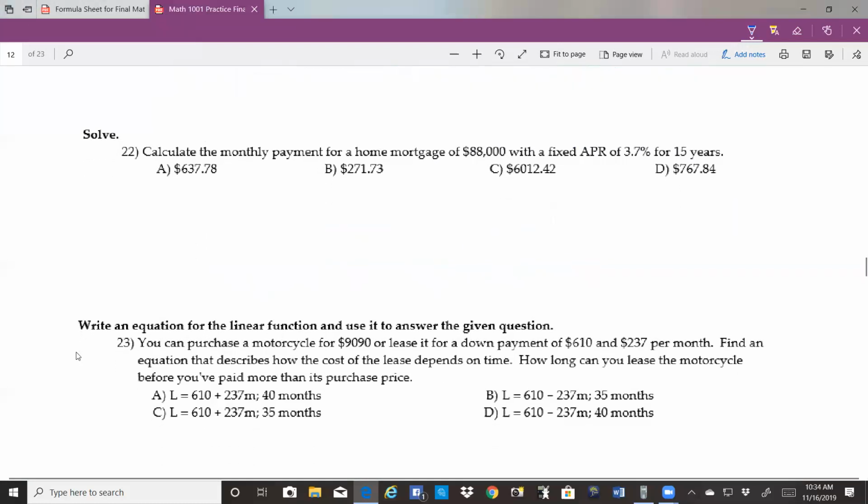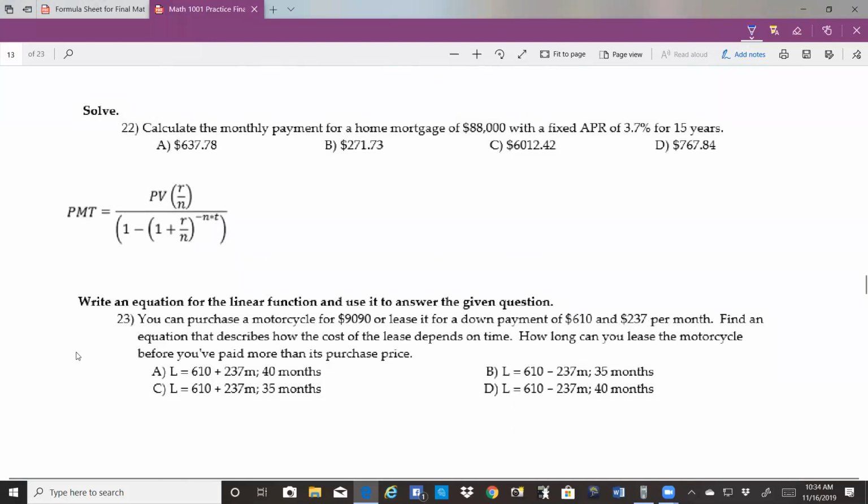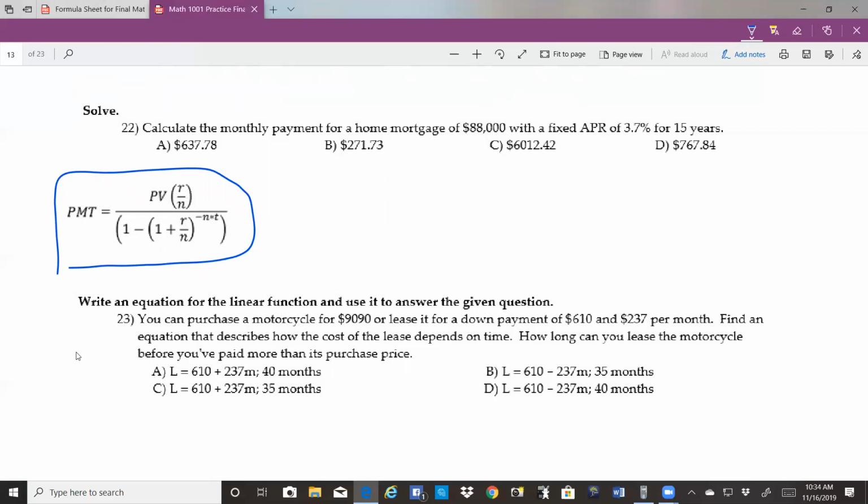Now we want to calculate the monthly payment for a home mortgage of $88,000 with a fixed APR of 3.7% for 15 years. Well, you would bring up the payment formula, which is on your sheet. The PV, present value, which would be the amount of the mortgage when you start out, is $88,000.